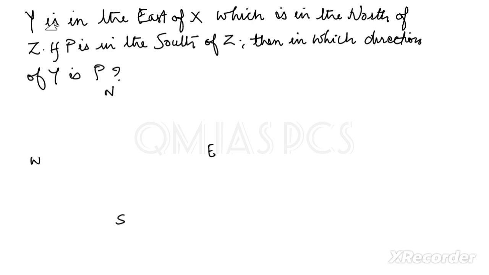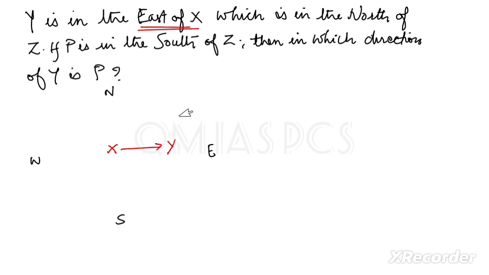So it is written Y is in the east of X. So what will be the reference point? East of X. So X will be the reference point. So we can write X is here, okay. East of X, that means from X in the east direction, this is the position of Y.